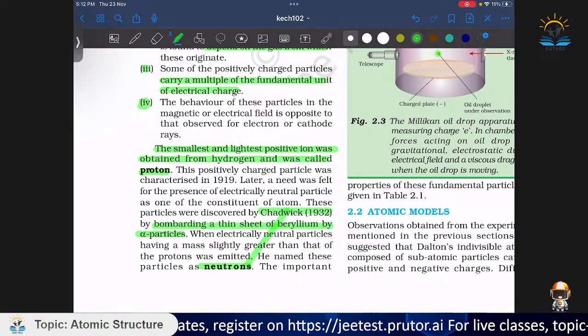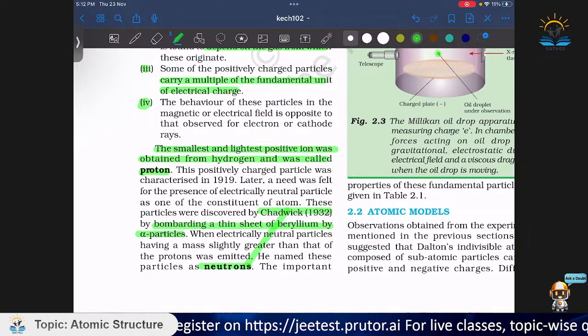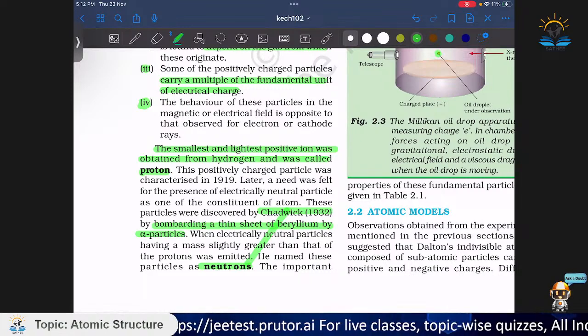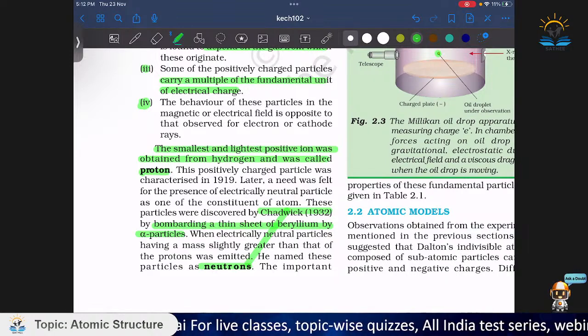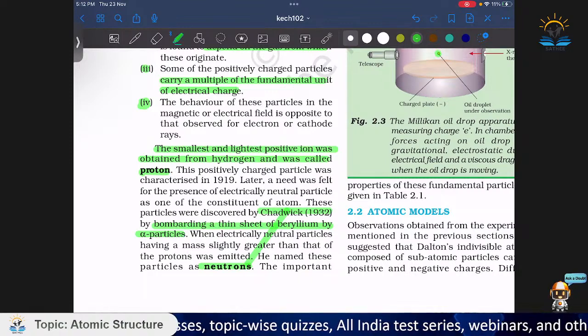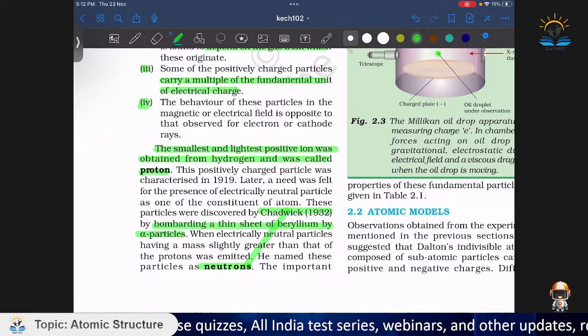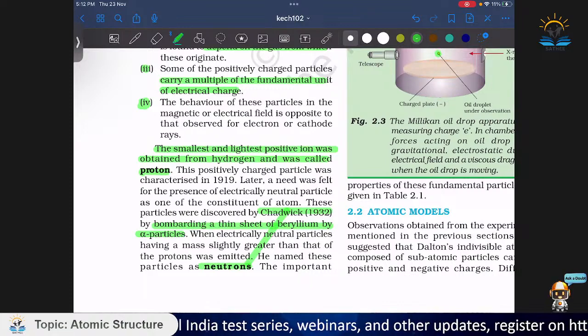Due to the fundamental charge, they were able to say that canal rays are gaseous ions, and canal rays showed opposite polarity to electrons. They were positively charged. The smallest and lightest positive ion was obtained from hydrogen, which was known as the proton. Later on, they characterized the proton, and they said that it is present fundamentally in all the elements.